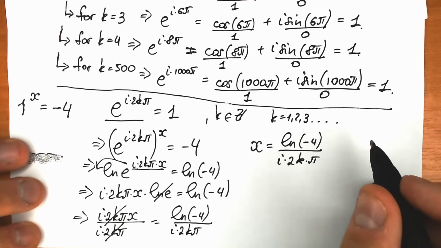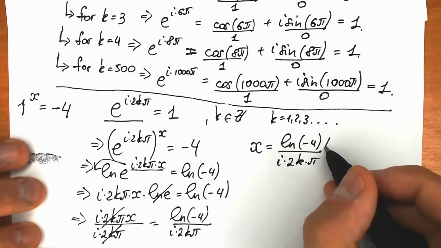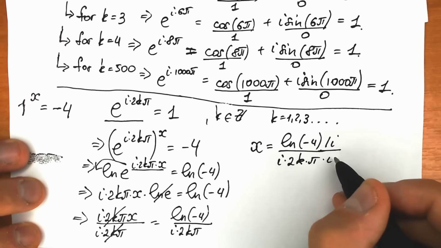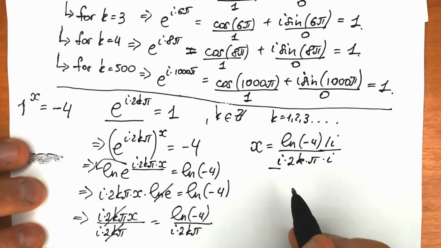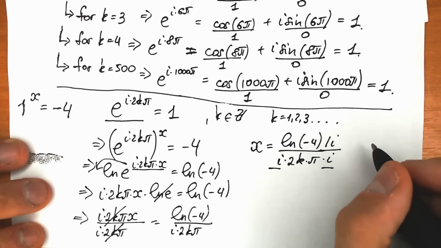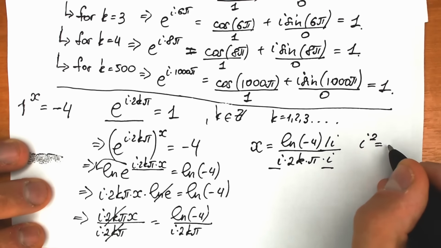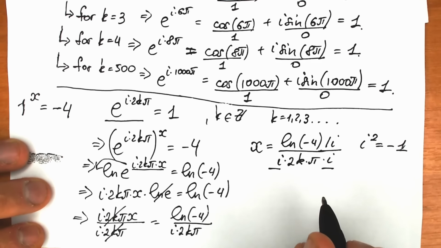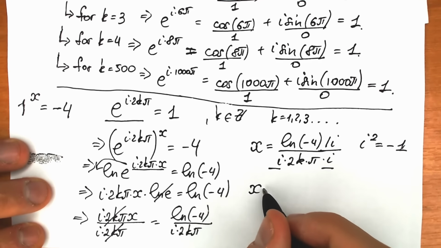Right now, let's simplify this a little bit. Let's multiply numerator and denominator by i. When we multiply our denominator by i, we have i squared. But in terms of complex numbers, we know that i squared equals minus 1, so our final sign will be negative.